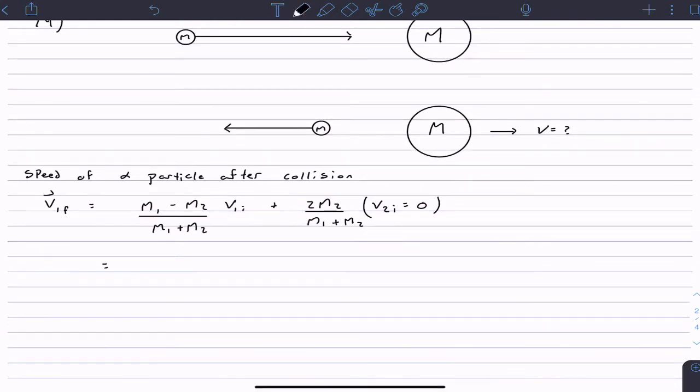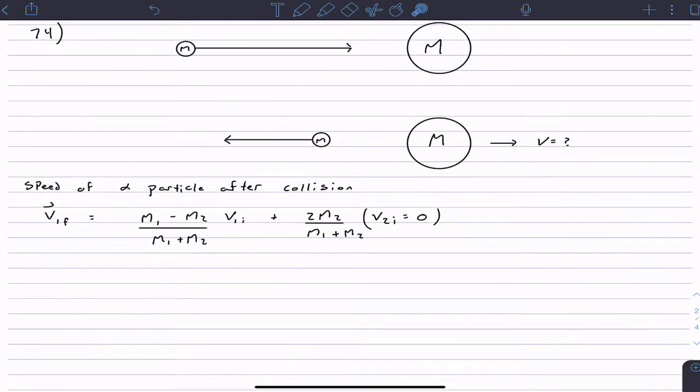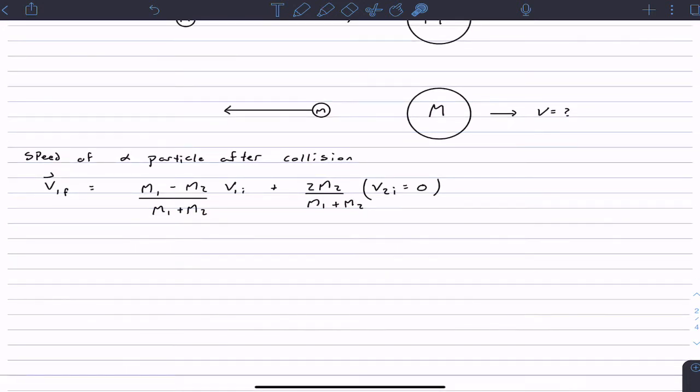So then what we end up with, also, before I do that, recall that we're told in the problem the nucleus is much more massive than the alpha particle. So what that's suggesting to us is that we can approximate a little bit here.